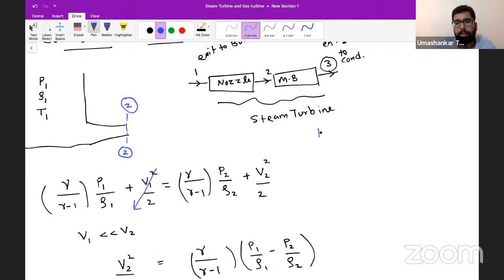I am just telling you this. A steady flow energy equation we can write like this: H1 plus V1 square by 2 equals H2 plus V2 square by 2. This is the steady flow energy equation. Yes or no? This is the approach followed by the books with a thermodynamics background.